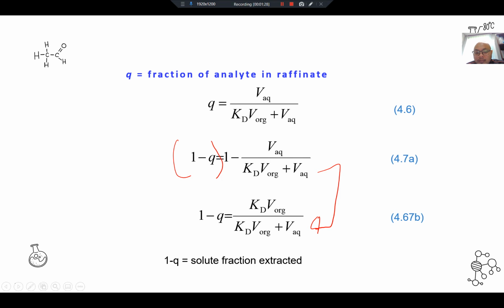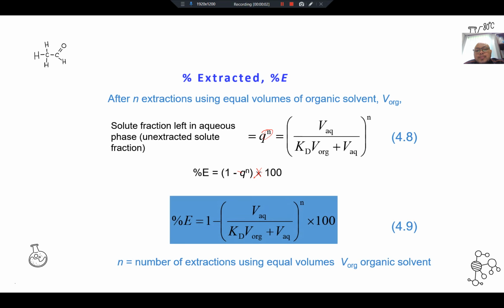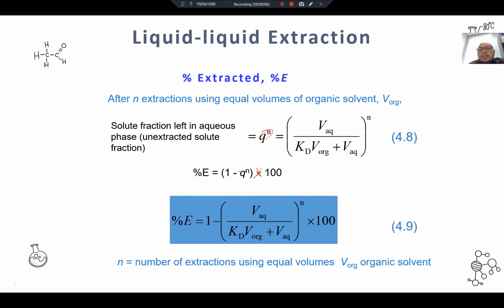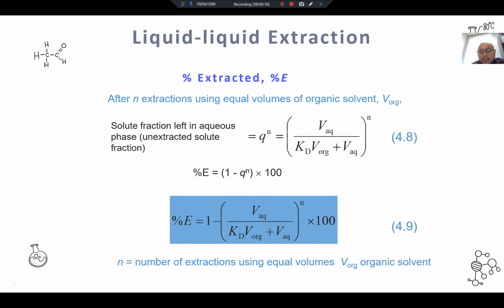So 1 minus Q is the solid fraction extracted. The next one is the percentage of extraction. So percentage of extraction is equal to this one: 1 minus Qn multiplied by 100.